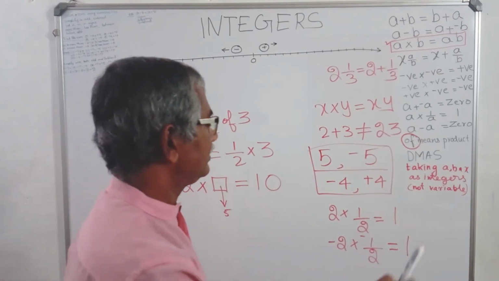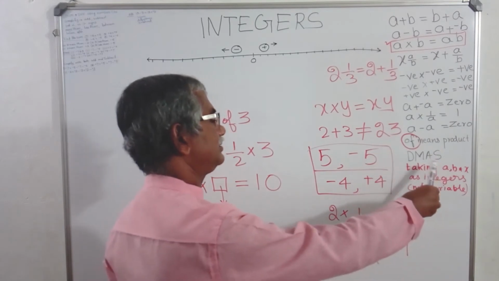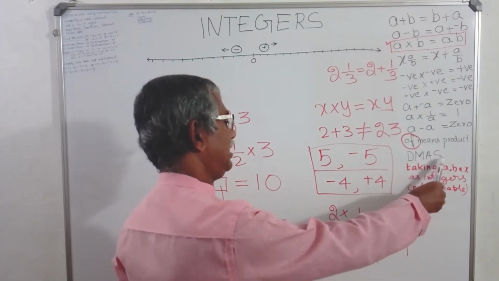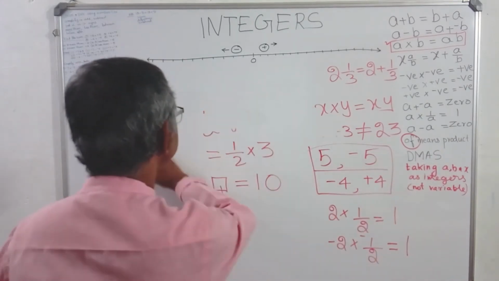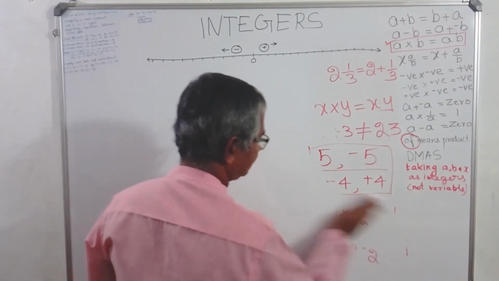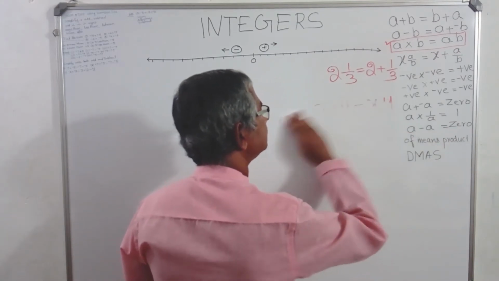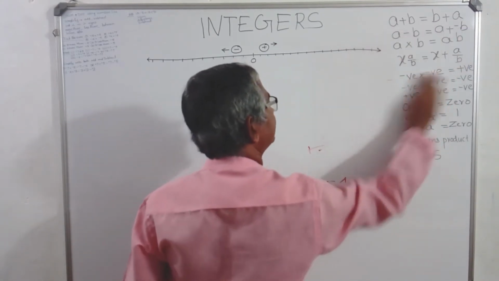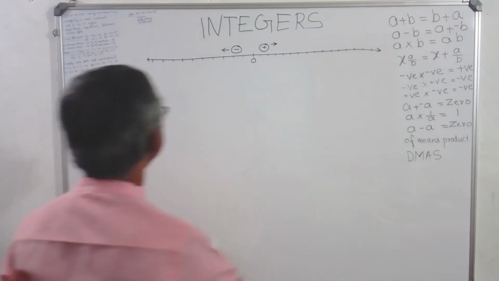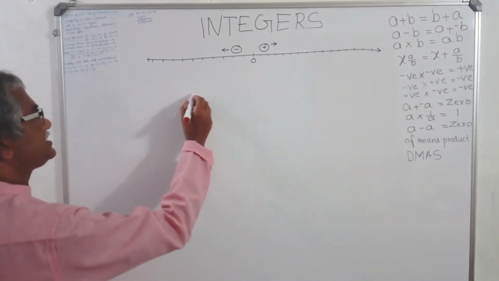So simply we need to learn DMAS concepts. Now we are thinking of addition and subtraction. With the help of a number line, we are practicing the DMAS of integers today. So, what do you mean by sum?